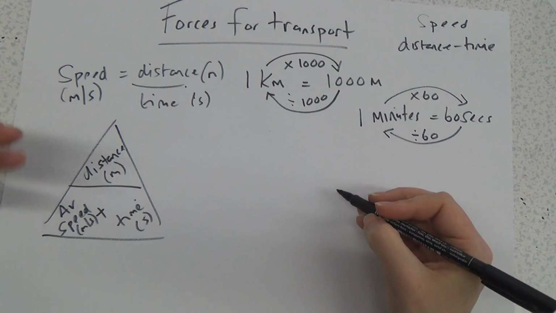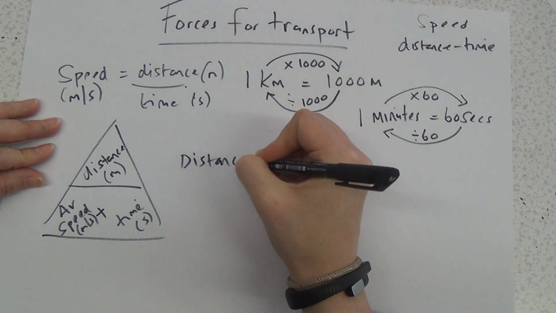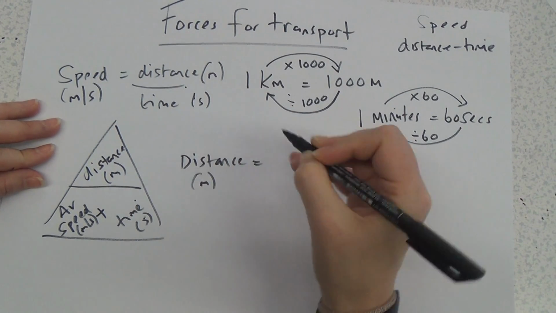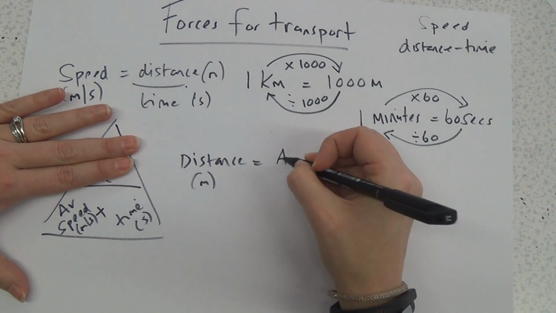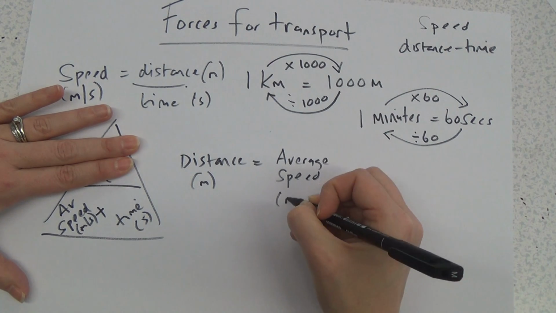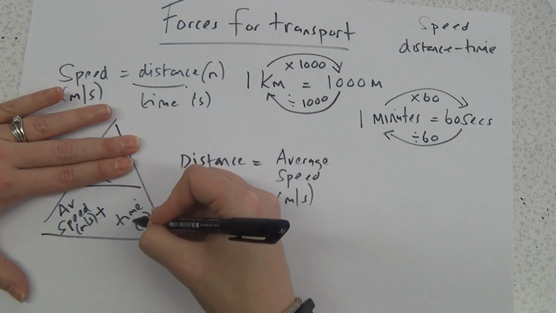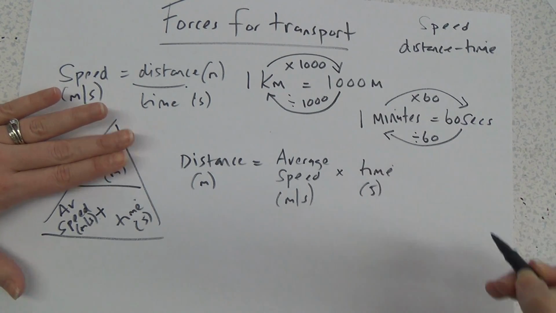If we rearrange that to equal distance, we cover up distance, and it is the average speed, in meters per second, multiplied by the time, in seconds.